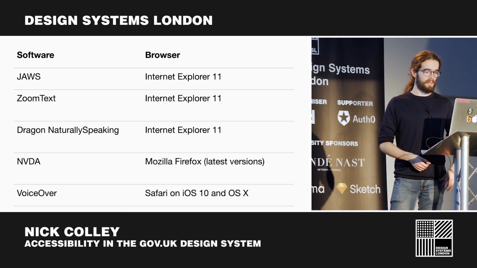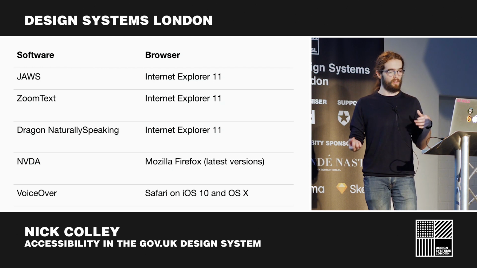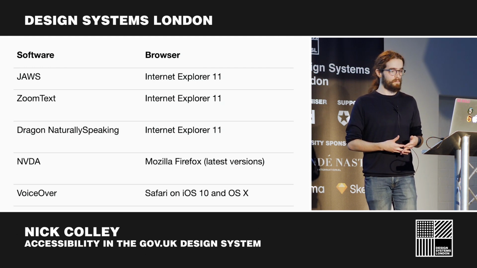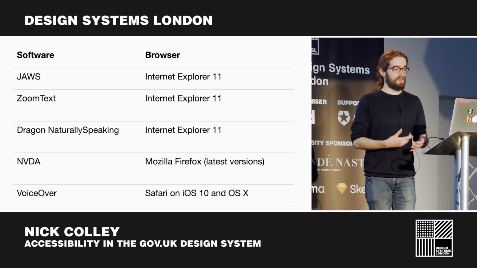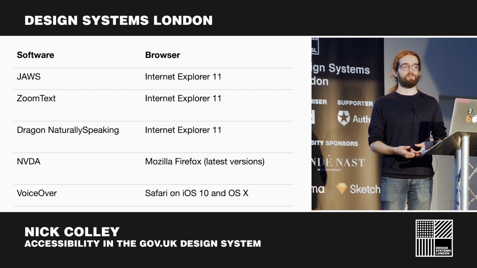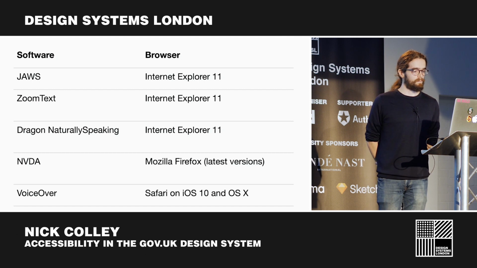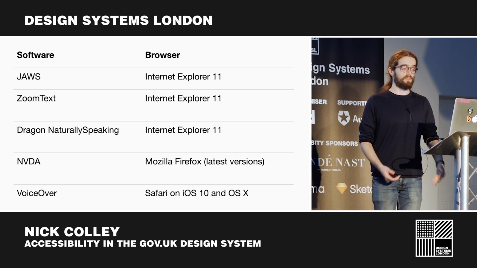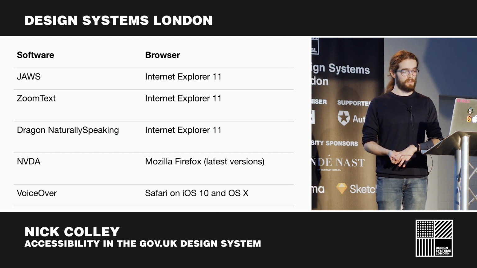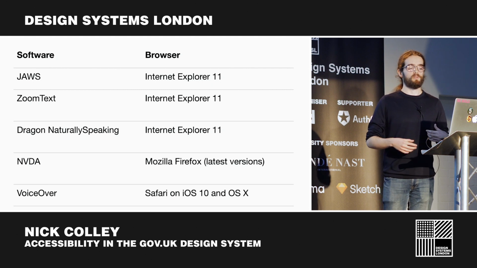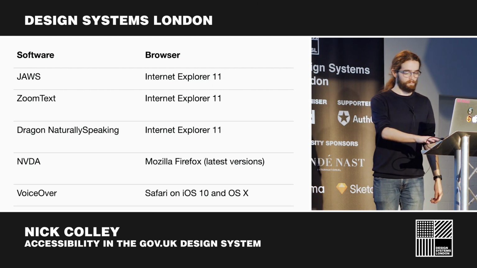Often people with disabilities use multiple different technologies and they intersect each other. So you might also use something called ZoomText, which will zoom a page often to 400%. Or finally, you might use something called Dragon NaturallySpeaking, which allows you to dictate commands to the computer.